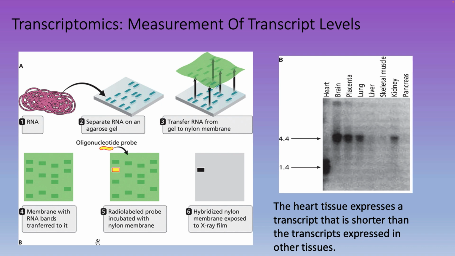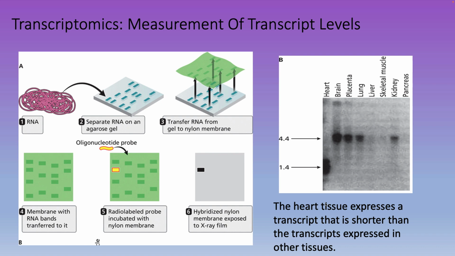By using that radio-labeled probe, you could identify where an RNA species that the probe would bind to would be on that membrane, and thus where it would have been on that gel, right?